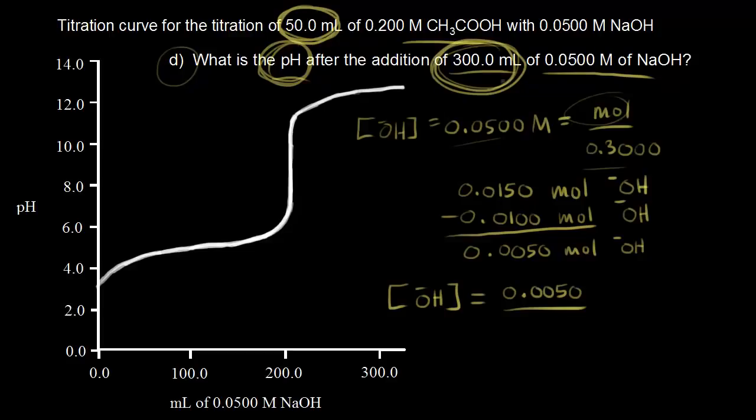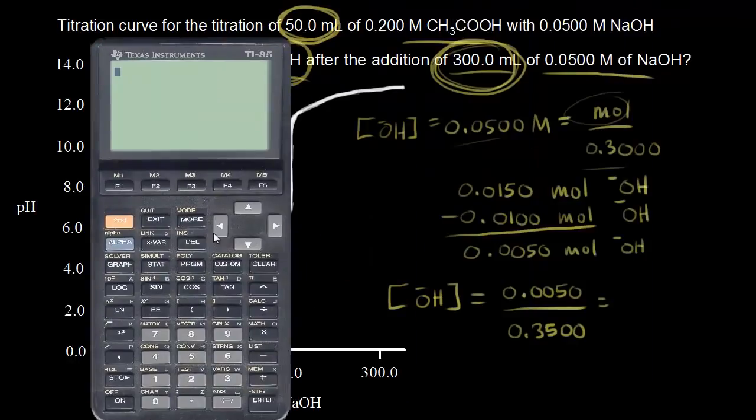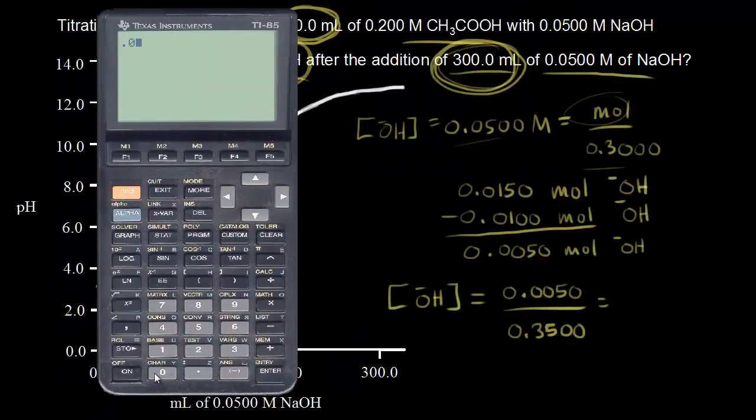So 300 plus 50 is 350 milliliters, or 0.35 liters. So this is 0.005 divided by 0.35. So our concentration of hydroxide ions is 0.014.